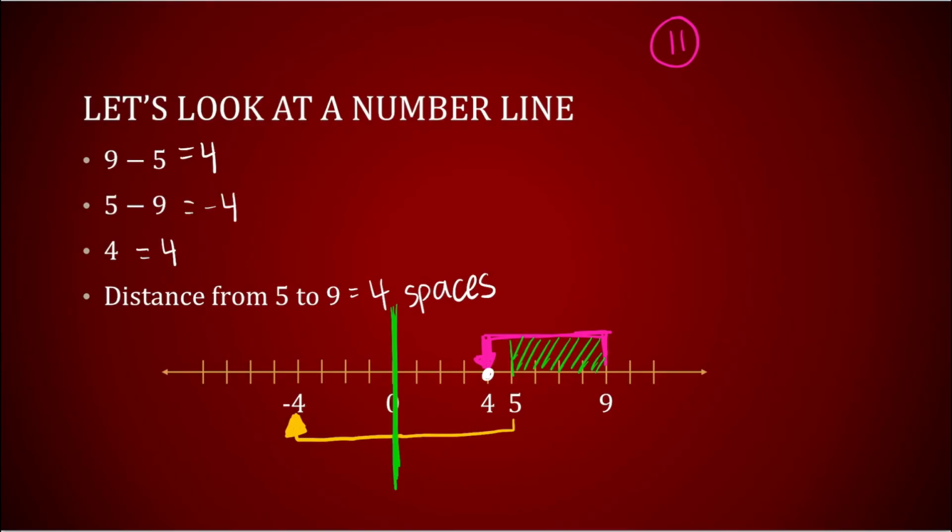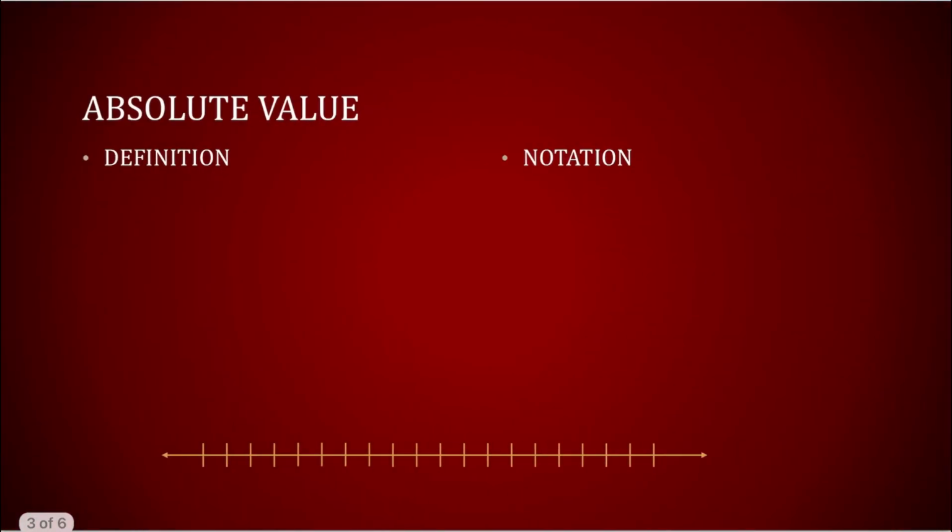So let's take a look at the definition and how that plays into it with and without the number line being physically drawn. So the definition of an absolute value is it's the distance of the value from 0.